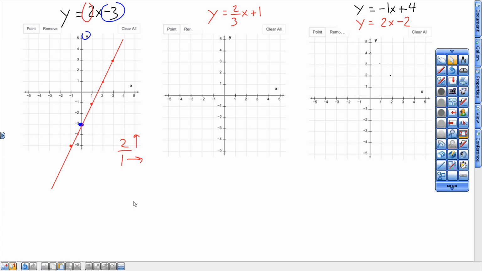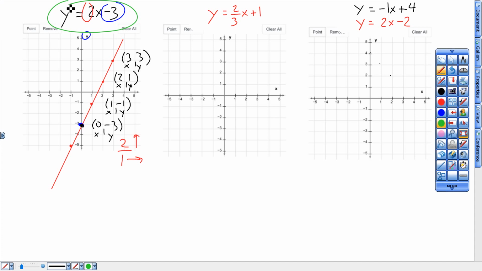Every single point on that line is a solution point, from the point 0, -3 to this point 1, -1 to this point 2, 1 to this point 3, 3. Every point for x and y is a solution, which means I could take any point on this line and plug in for x and y into this original equation and make it work.